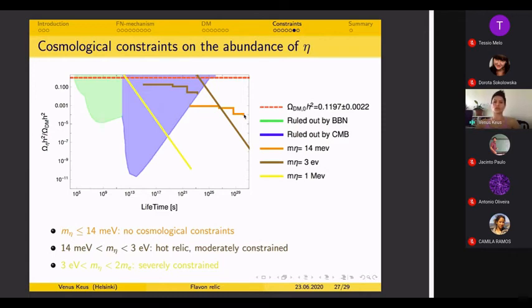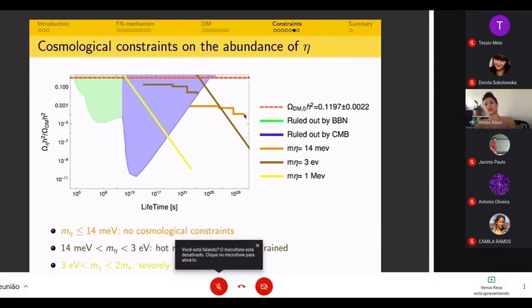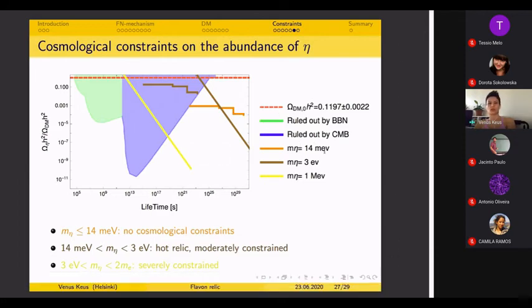And if you go for a lifetime larger than this, or a flavon VEV larger than this, your particle won't be thermalizing anymore. It will be produced through a freeze-in process, and its abundance could be whatever.